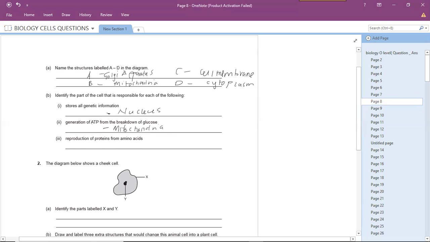Then production of proteins from amino acids. Production of proteins from amino acids is protein synthesis. Making proteins, which are made of amino acids. Synthesis means to make.